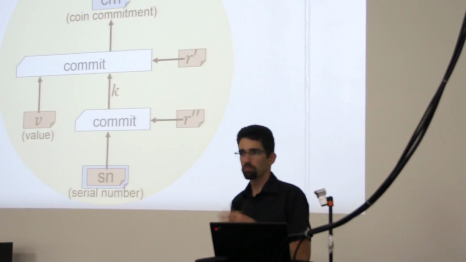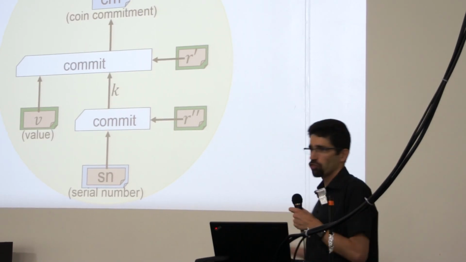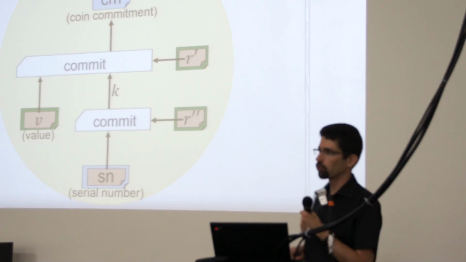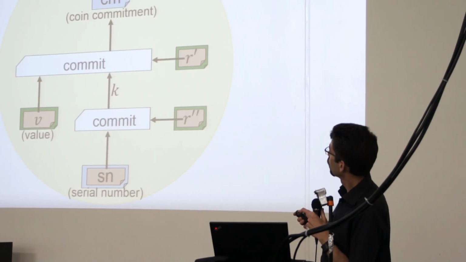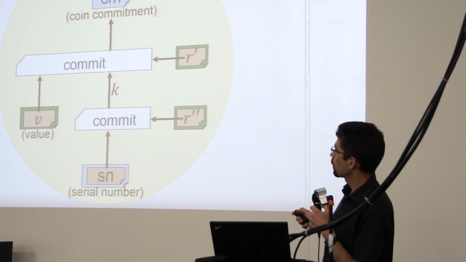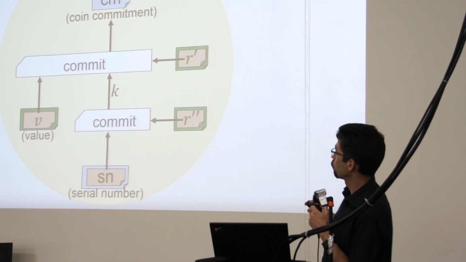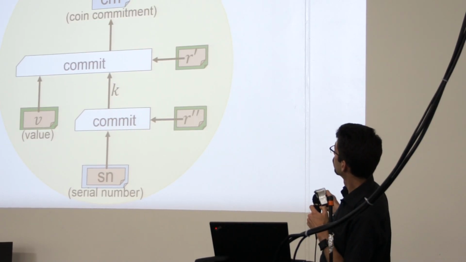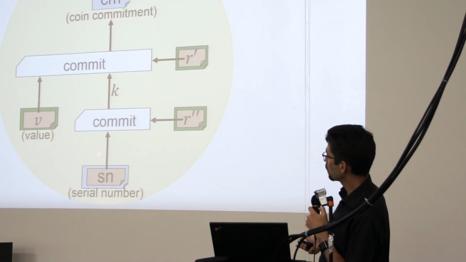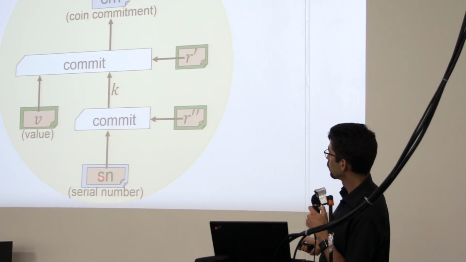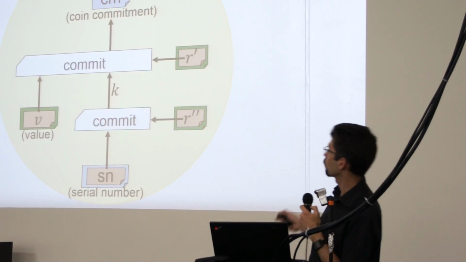Okay. So now how do I spend this? Well, I could just reveal everything like before, but that would not be anonymous. I would like to do it in an anonymized way. So what I do is I publish in the ledger a transaction saying that I'm spending some ZeroCash coin with value V and a unique serial number that I now reveal. And moreover, I want to say that this V and serial number are somehow related to a CM that appears in the ledger as having been minted.